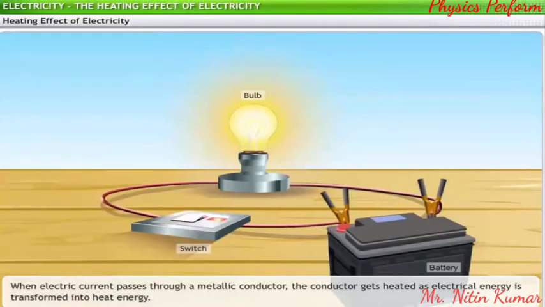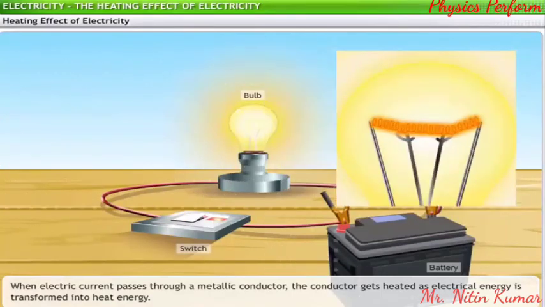When you switch on a bulb, the thin metallic wire or filament in the bulb turns red and the bulb starts glowing. This is because when an electric current passes through a metallic conductor, the conductor gets heated. Thus, electrical energy is transformed into heat energy.